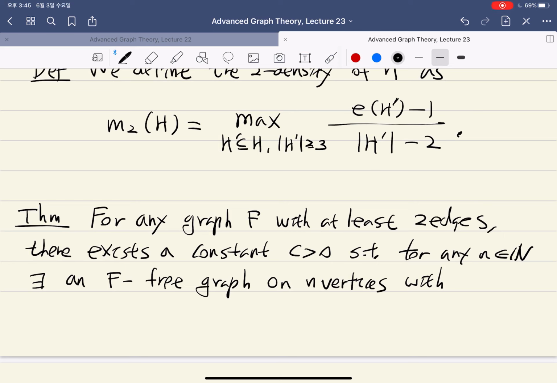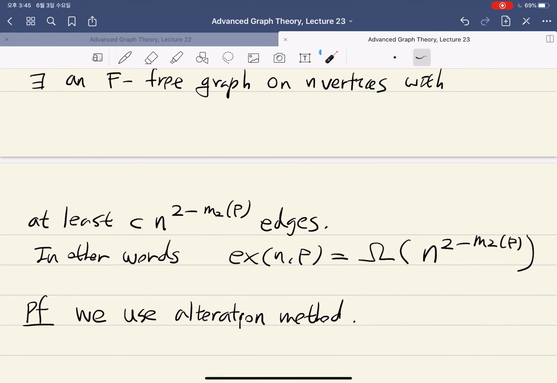So first we can assume that n is large because we only want to find one constant. So if we choose this C quite small, then for any small n, I mean this number could be very small, could be smaller than 1.